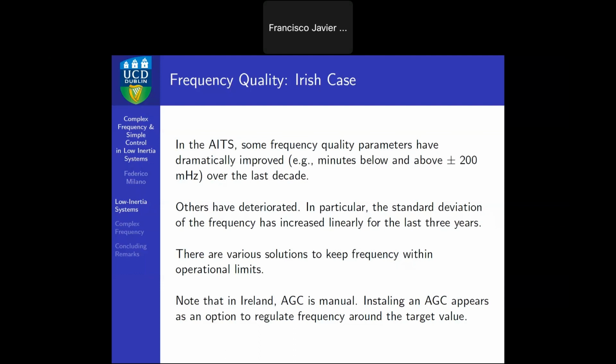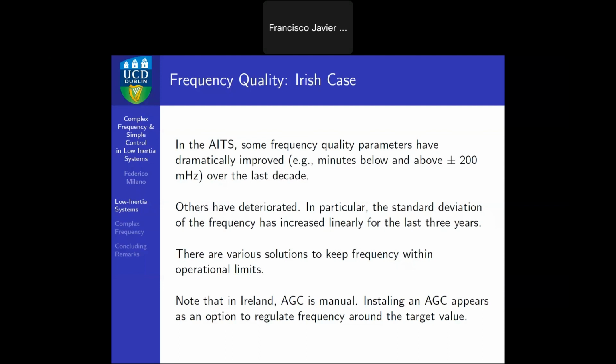Whenever there is a high penetration of non-synchronous generation, they see most of the frequency limits are not satisfied, or the violations increase because of the periods of high non-synchronous generation.